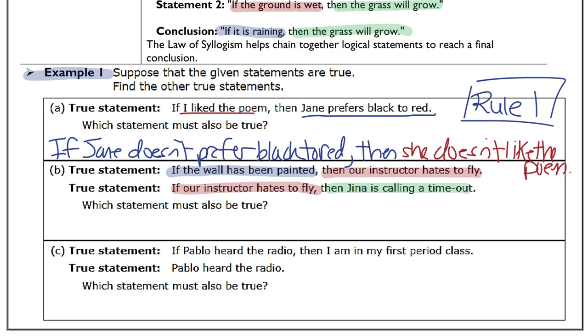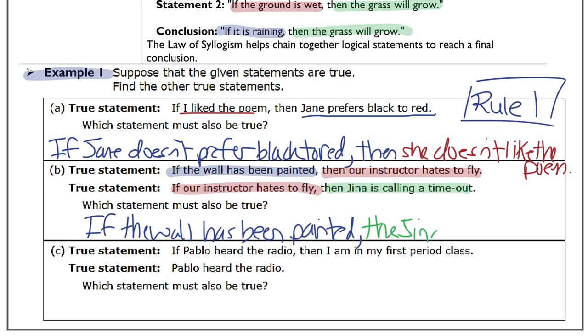Therefore, we have this. So we're basically going the blue part. So if, oops, sorry, I've got to write in actually a writing tool. So if the wall has been painted, then Gina is calling a timeout.